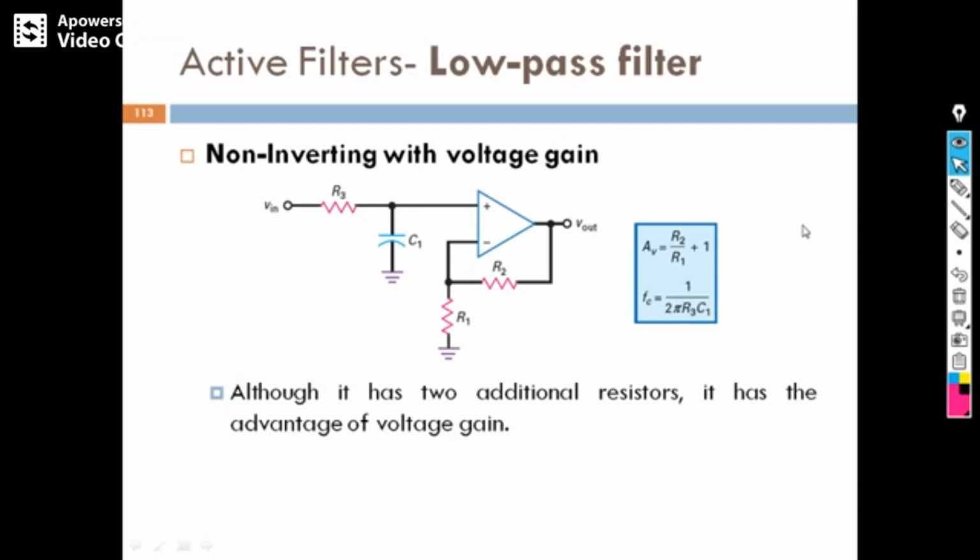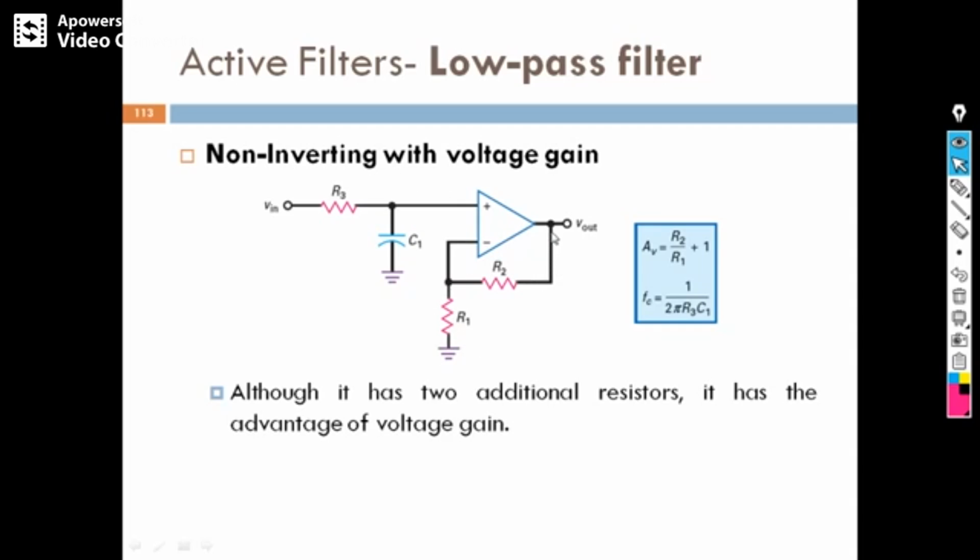Next one is the non-inverting active filter. It is also a low pass filter only. Non-inverting with voltage gain. So what is the difference between the last one and this one? Here we have connected feedback resistors in the form of a voltage divider configuration, and whatever the input, we will get gain for that.